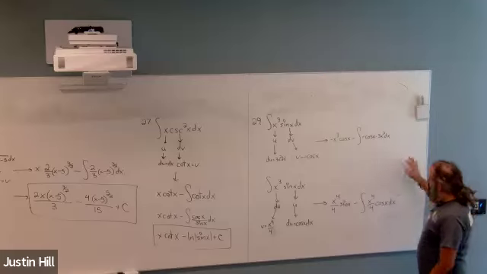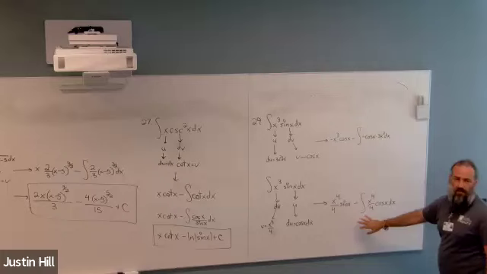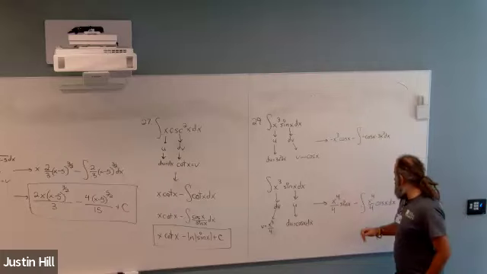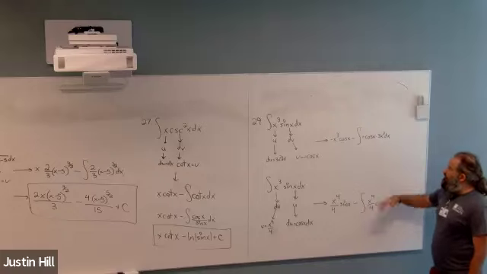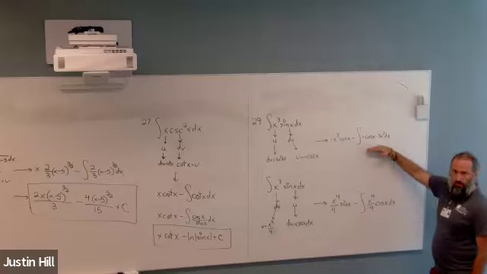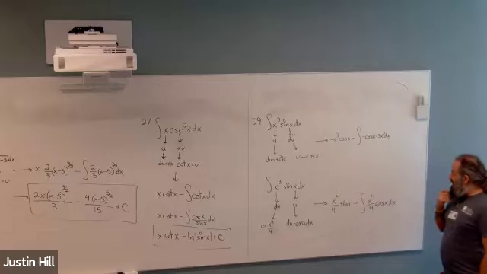There are probably some arguments to be made either way, but notice that basically my powers are higher here. The nice thing is I don't have to mess with this anymore, but then I'm going to have to integrate this. Looking at this integral, you're running into the same issue, that this is not substitution, it's going to have to be integration by parts.